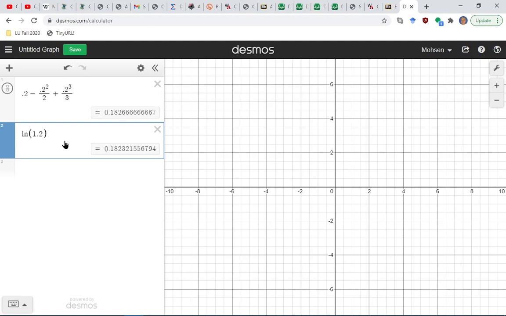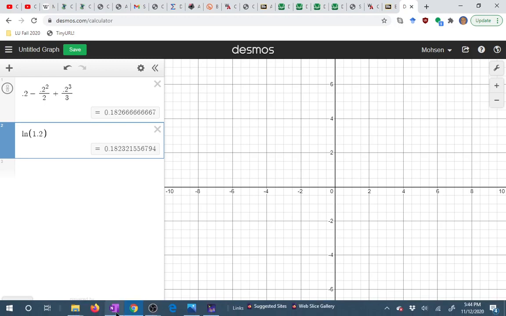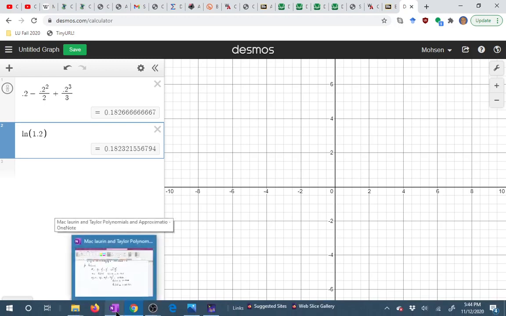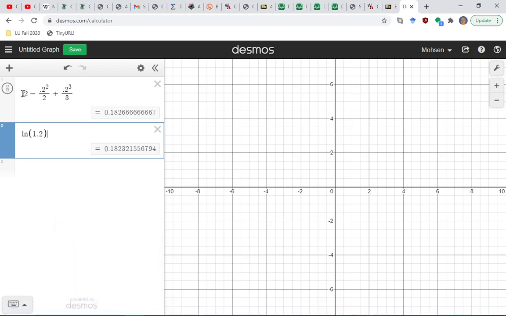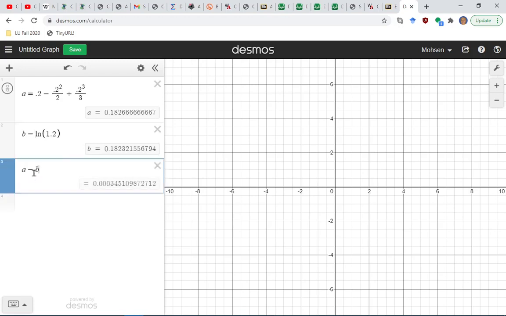It gives me a couple more digits than my calculator does, actually 2 extra digits. So anyway, we have these two, and if you want to call this quantity A and this one quantity B, then A minus B is the error that we are making. You can write A minus B or B minus A.